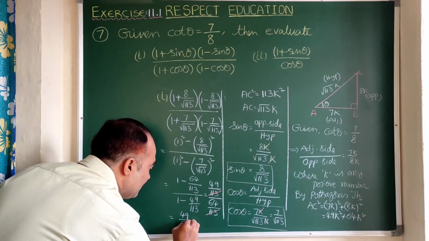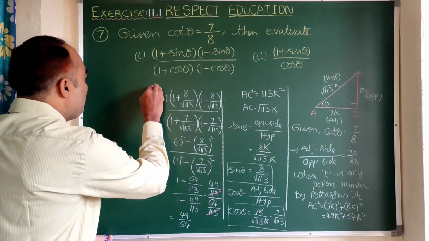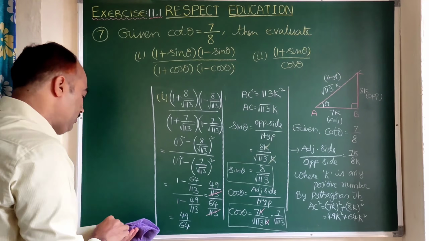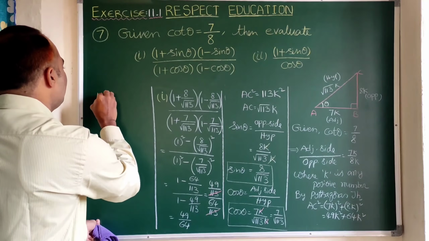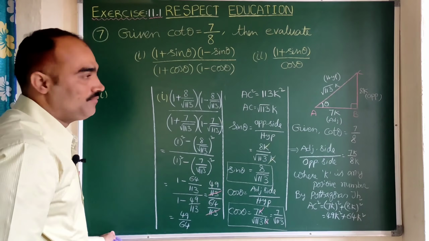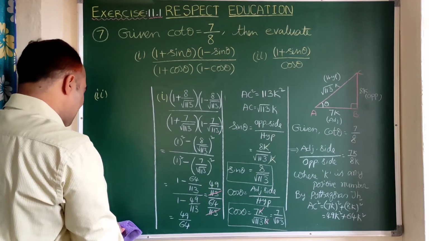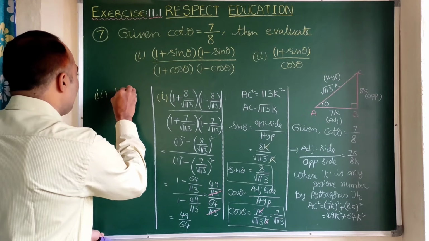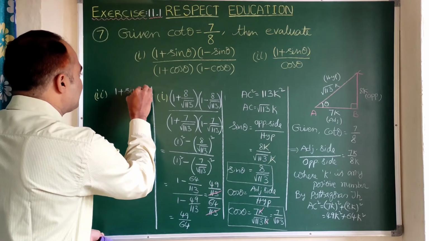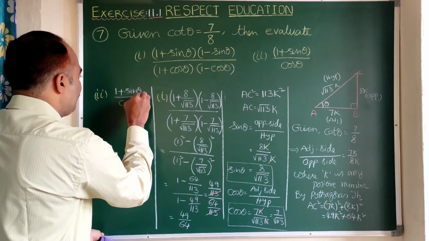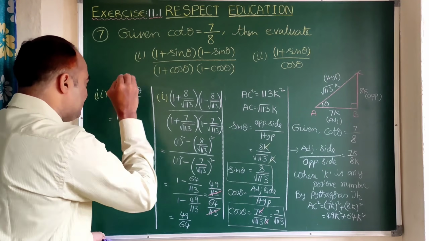49 by 64. Is the problem over? No. One more bit is there. That is second one. Let us do second bit. That is 1 plus sin theta by 1 plus sin theta by cos theta. So here I am writing 1 as it is.